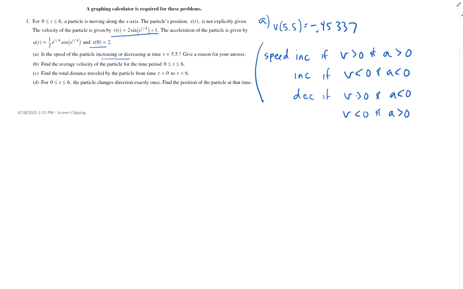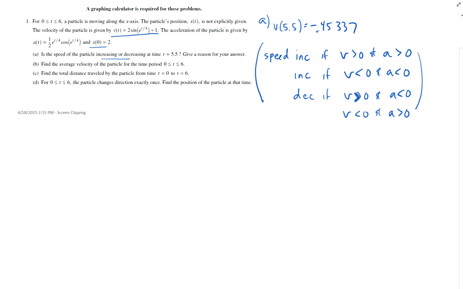See, if the velocity is positive and you have negative acceleration, that means your rate of change of velocity is negative and you're slowing down. Here, if your velocity is negative, you're going backwards, then your rate of change is you're trying to speed up in the forward direction, so you're actually slowing down to try to go faster.